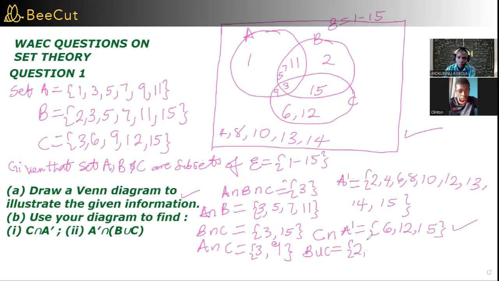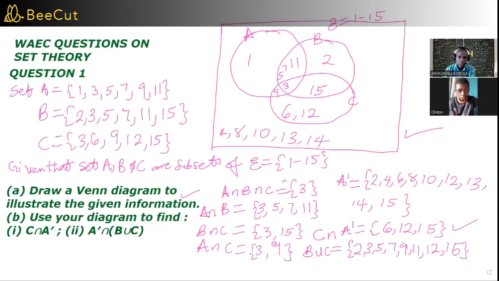So we can see 2, 3, 5, 7, 9, 11, and 12. And after 12, what next? 15. Very good. That's in B and C all together.